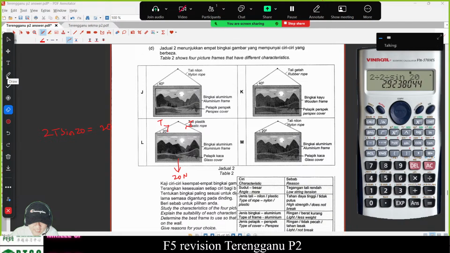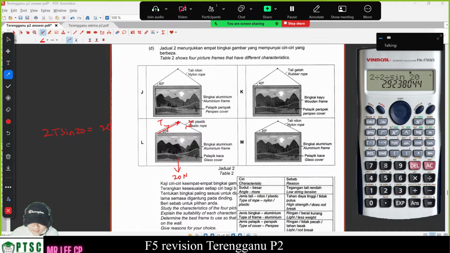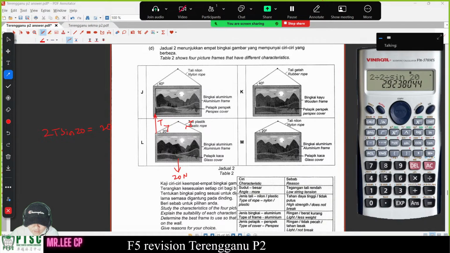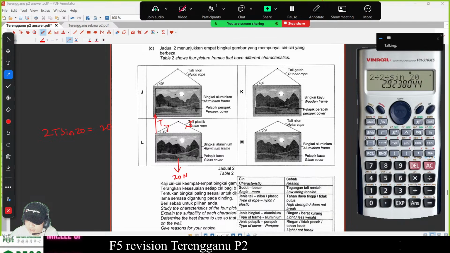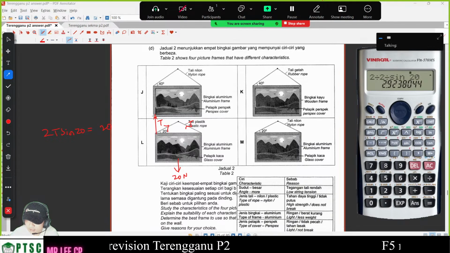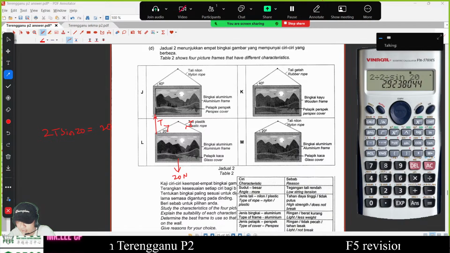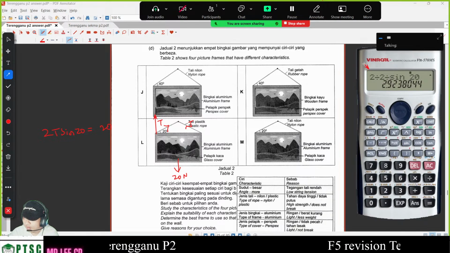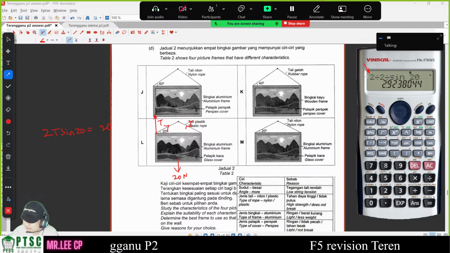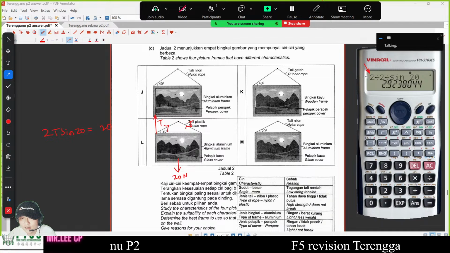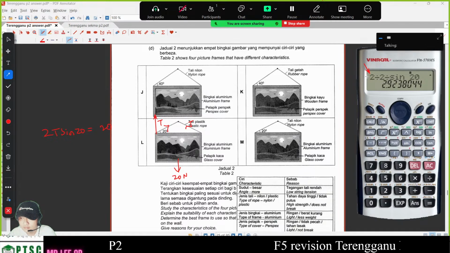See, T cos 20. Oh, I press wrong. Oh, okay. I got you.